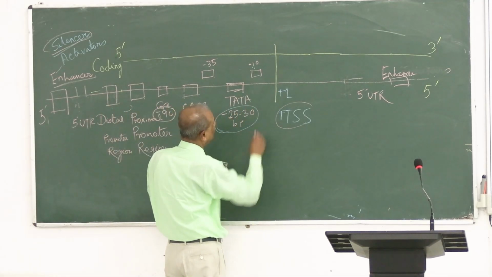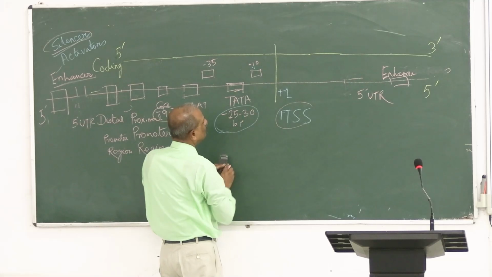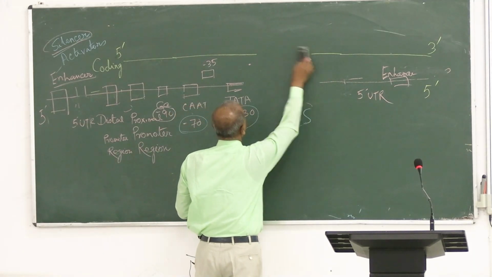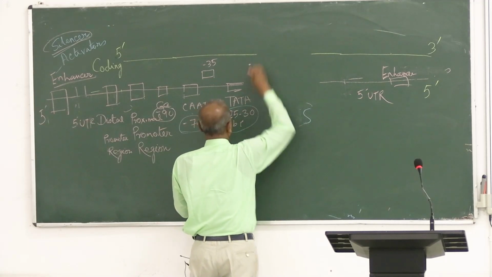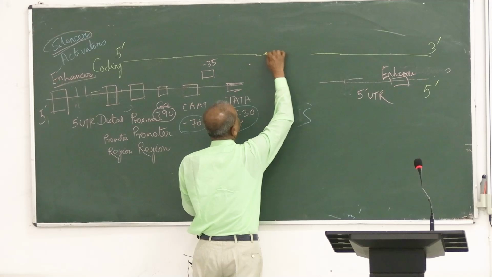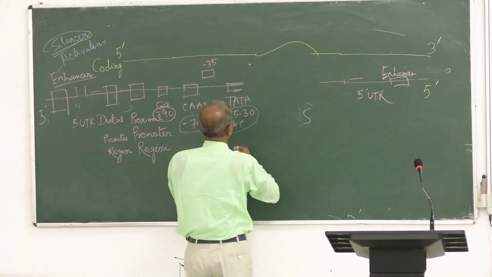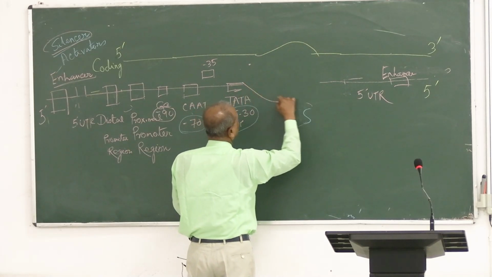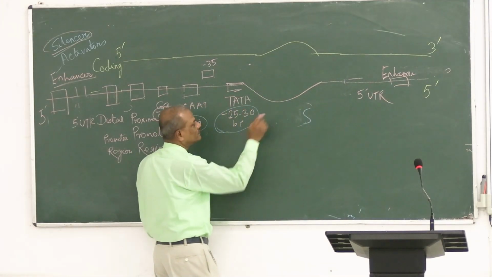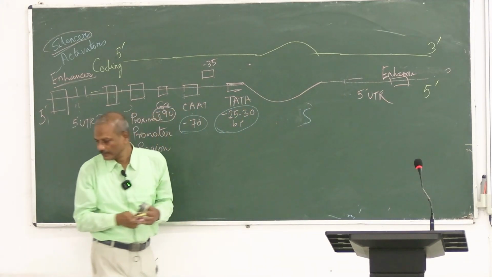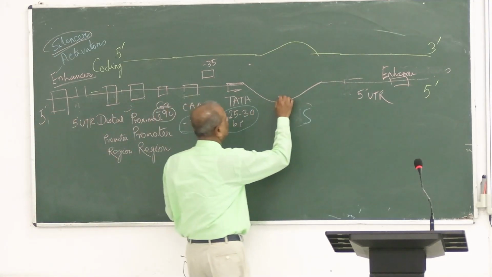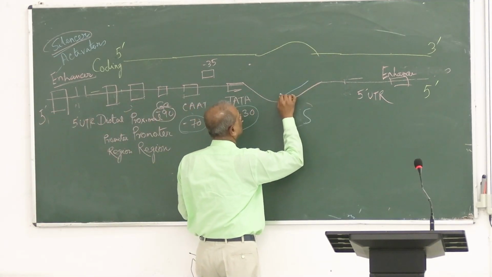So basically, here it is a closed complex. Now there will be opening, meaning unwinding will occur, and it will form a bubble, just like yesterday. Since this is the template on which the newly formed transcript will be made, transcription will start in this area.